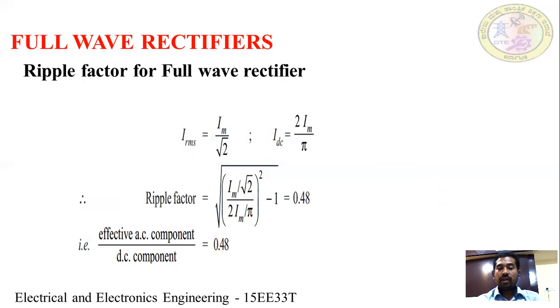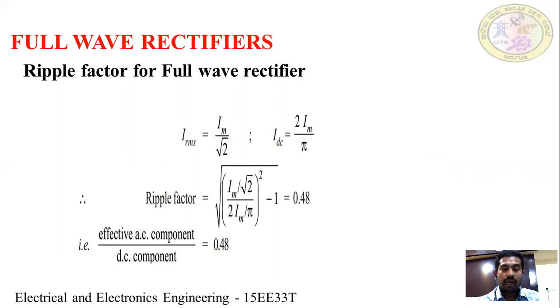The ripple factor of full wave rectifier is defined as the ratio of the RMS value of the AC component to the average value of the DC component.